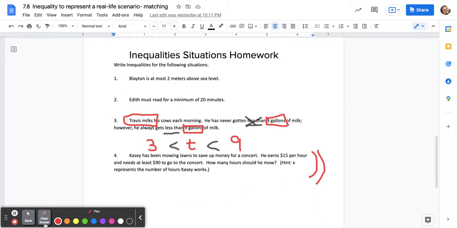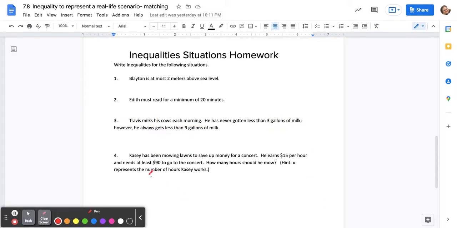I'm actually going to clear my section again. Casey's been mowing lawns to save money for a concert. We have to use this $15 per hour, and he needs at least $90 to go to the concert.